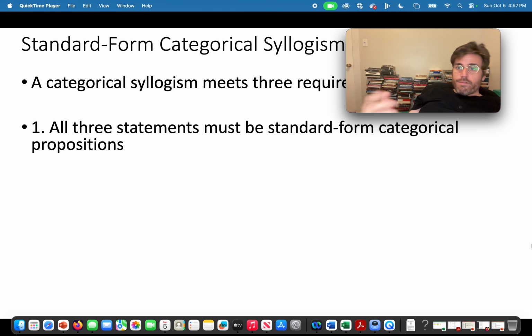It can be any one of those, but it has to be a universal affirmative or a universal negative or a particular affirmative or a particular negative. It has to conform to those four types of sentence that we've been learning about and that map onto the square of opposition. If our sentences don't seem to cleanly conform to the standard form, we might have to translate the sentence and clean up the class terms a little bit so that it does. We're going to learn some techniques for cleaning up sentences to make them standard form in future videos.